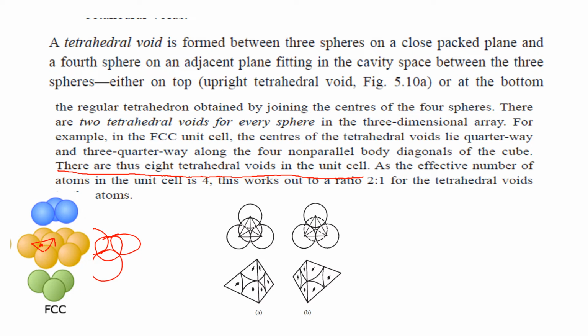There will be 6 voids: 1, 2, 3, 4, 5, so there will be 6. There will be one here and one here. So totally there will be 6 plus 2, 8. So 8 tetrahedral voids in an FCC unit cell.